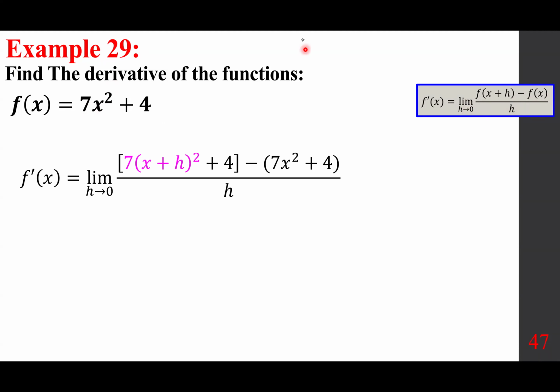All we have to do is simplify the numerator. So this is x squared plus 2xh plus h squared.